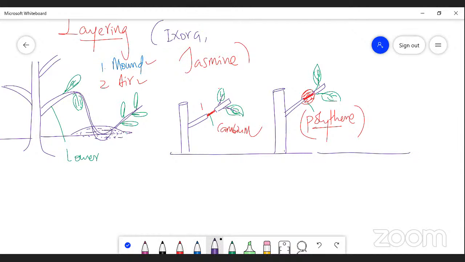Now, at the third stage, in the girdled region where the bark is removed and the damp soil is tied with polythene paper, you can see the emergence of a new plant.